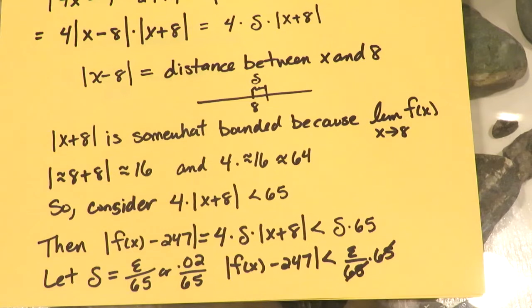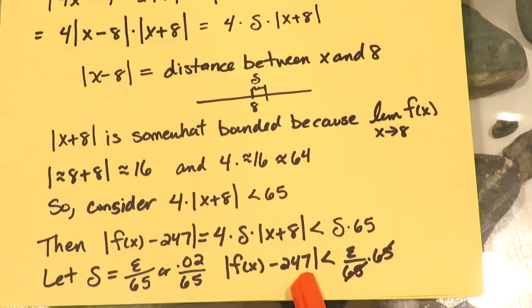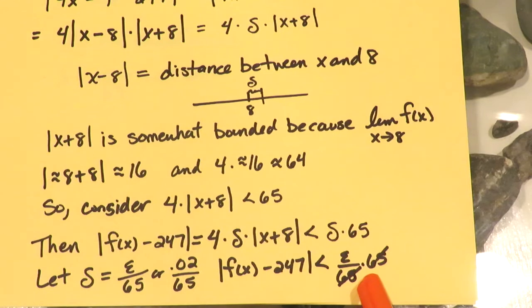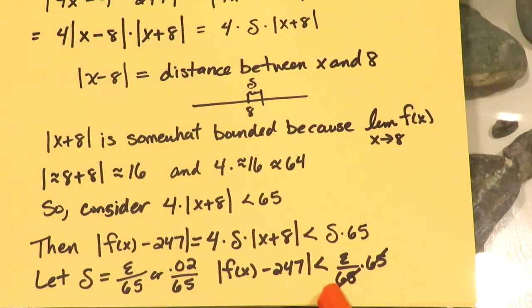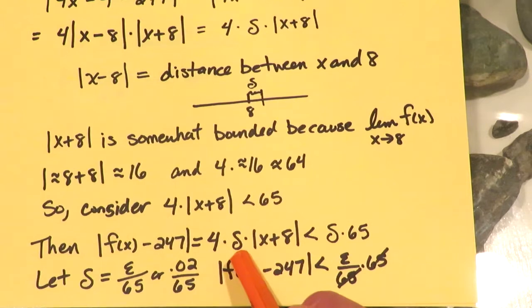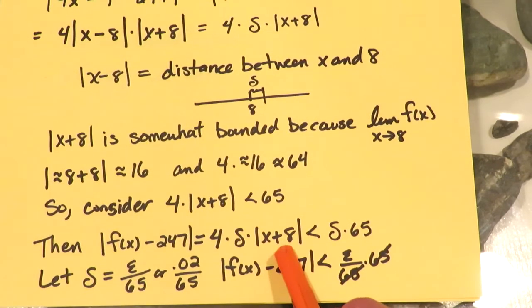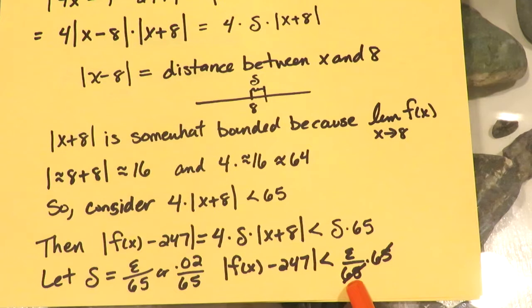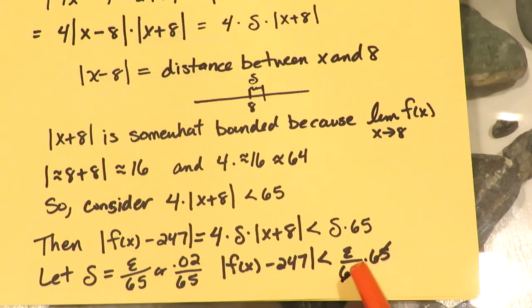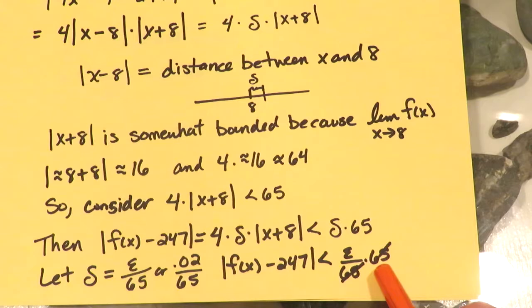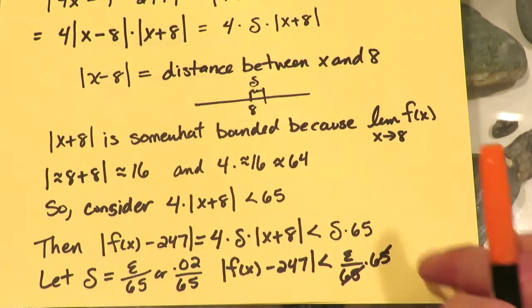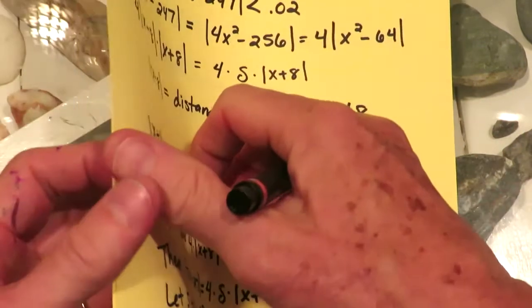If you pick x's so that they stay within that tolerance of 8, then that's going to force the difference between the function and 247 to be less than epsilon, because here's the function minus 247, the absolute value of it, and it's equal to delta times some product we know is less than 65. If you pick delta to be epsilon divided by 65, and you're multiplying that by something less than 65, then this difference has to be less than epsilon. There is our proof. We've completed the proof.